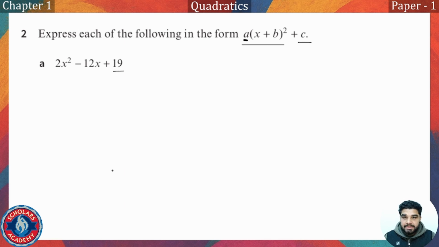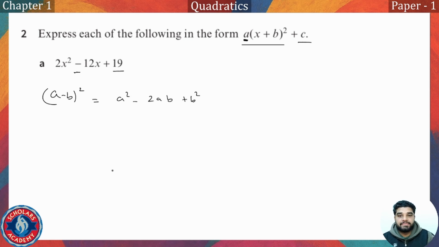So since we have negative over here, we'll take the a minus b whole square formula, that is a square minus 2ab plus b square, right? So now what we'll do, we will take only a. So I think we should take 2 common.